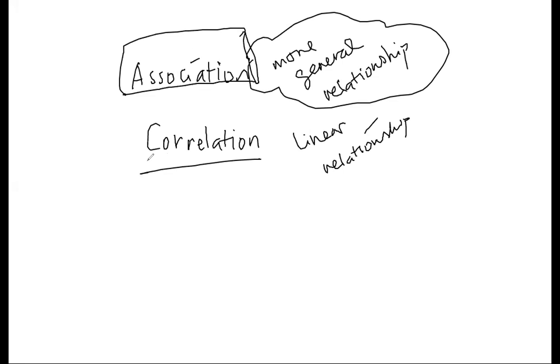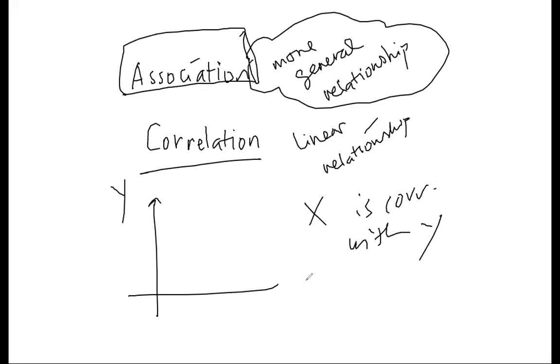In fact, correlation is usually reserved for linear relationship. Because if you say that X is correlated with Y, basically you are saying that their relationship may be something like this, where you could describe it with a linear model. Okay.